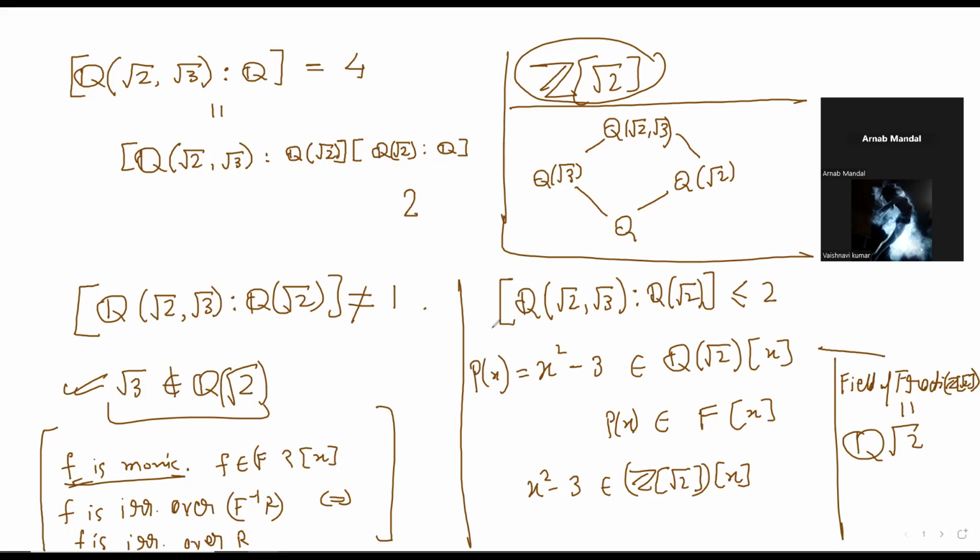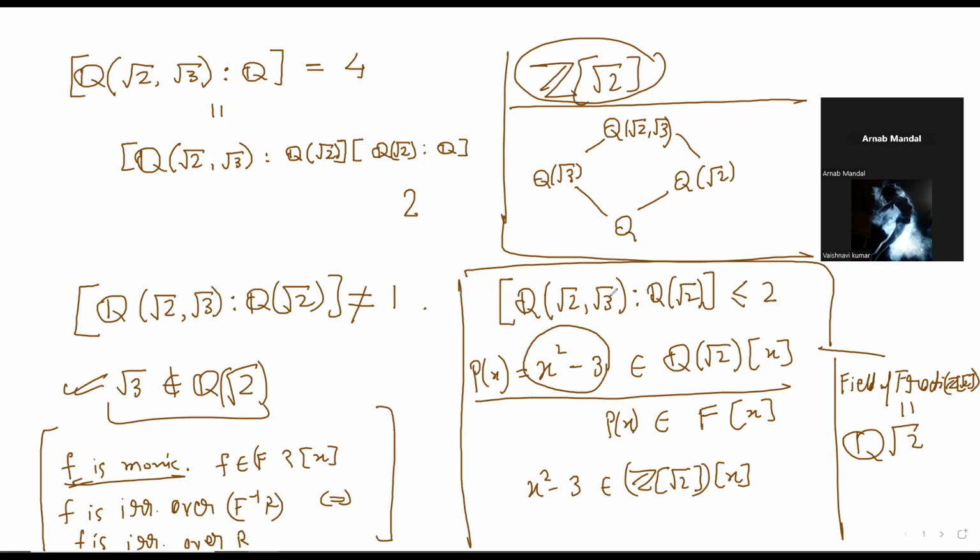Yes, because this implies it is less than 2, right? And where did this come from? It is written that root 3, because this is the polynomial, right?